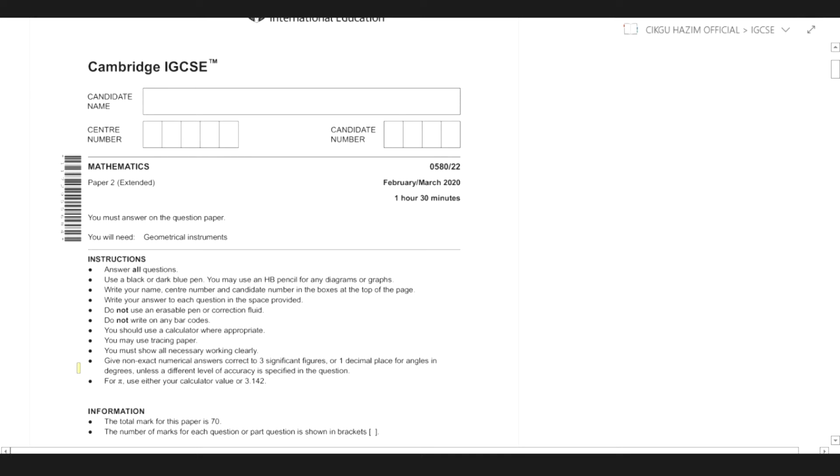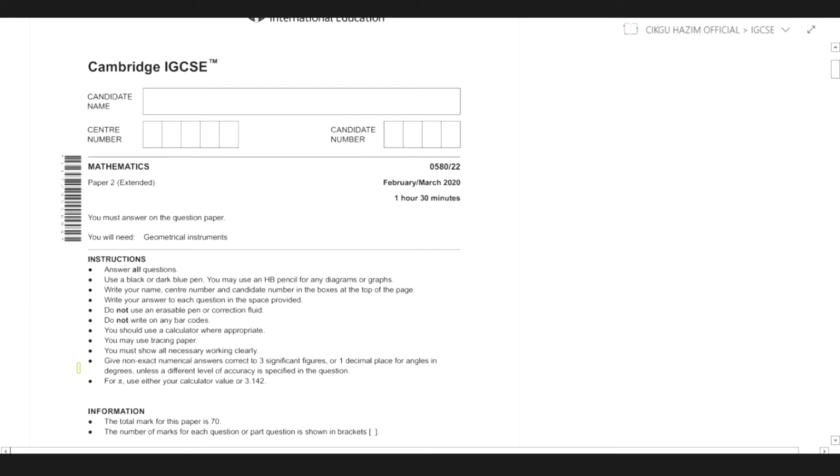For angles in degrees, use 1 decimal place unless a different degree of accuracy is given. And for pi, we either use the calculator value or use the value of 3.142. These last 2 bullets are important for you to highlight before you do any of the iGCSE mathematics papers. Okay, and for paper 2 we have 70 marks.